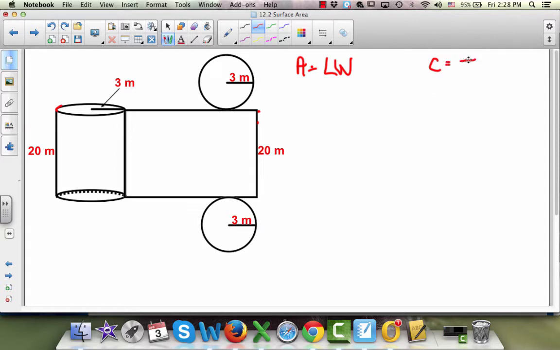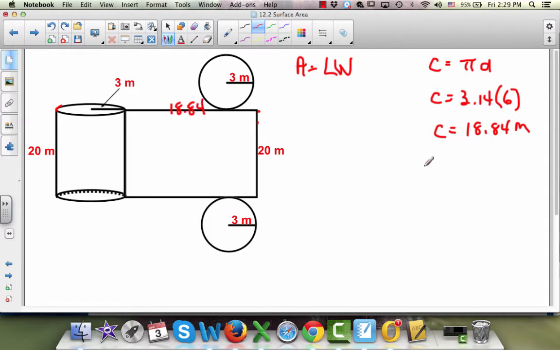Circumference equals pi d. Circumference equals 3.14 times, not 3, but d is equal to 2 times the radius, so it will be 6. So that gives us C equals 18.84 meters.